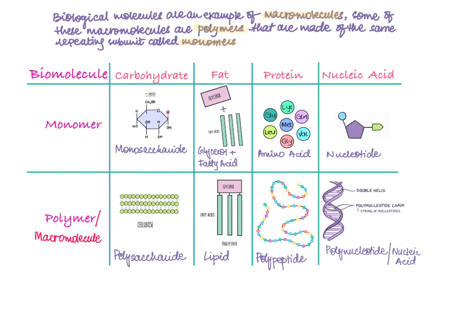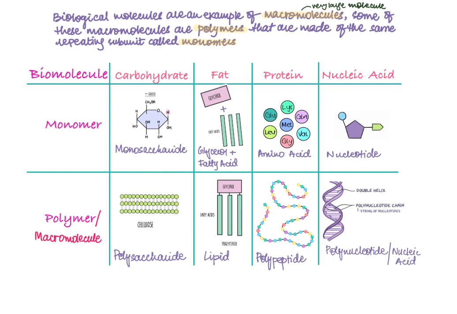Now I've thrown in three terms: macromolecule, polymer, and monomer. Macromolecule means that a molecule is extremely large in size. And so, nucleic acids, proteins, carbohydrates and lipids are all examples of macromolecules because all of these are extremely large molecules.